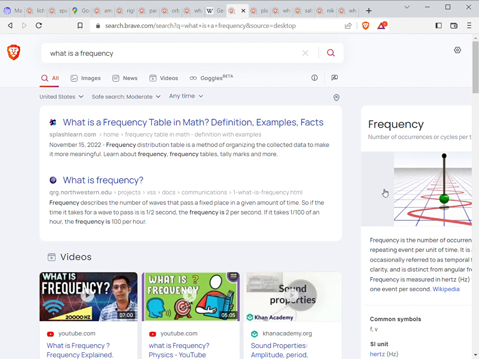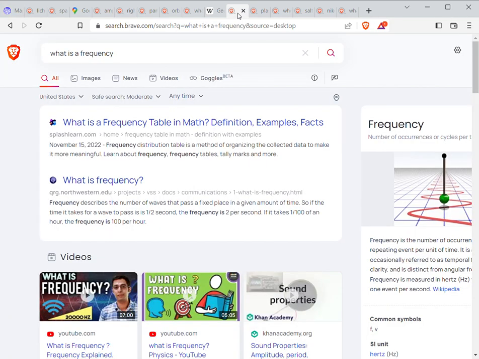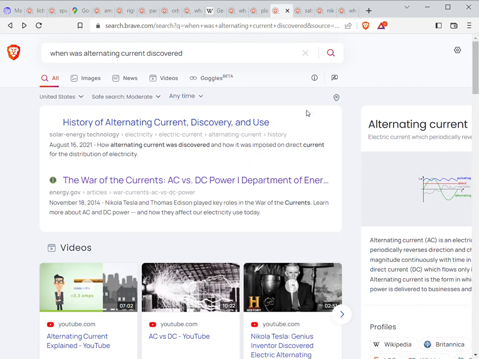And we come over here, and we see that. And when I think of a frequency, I think of alternating current. When we come over here to alternating current, we're going to look at this.